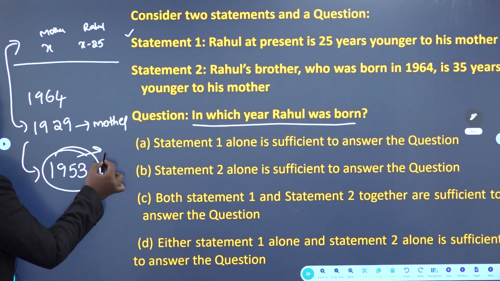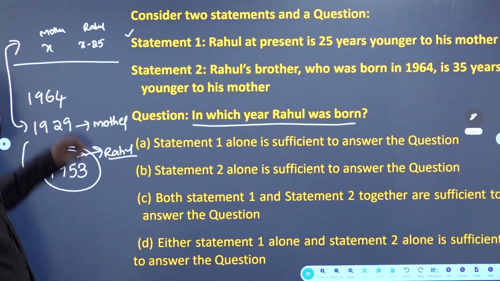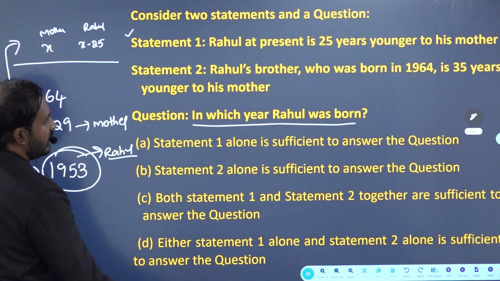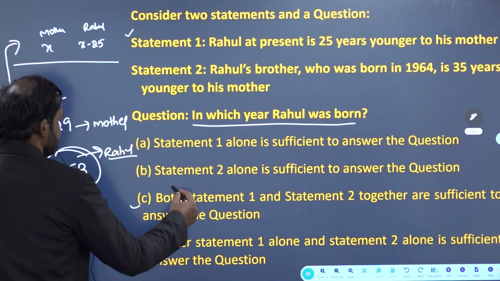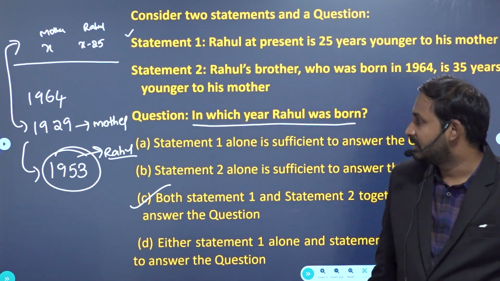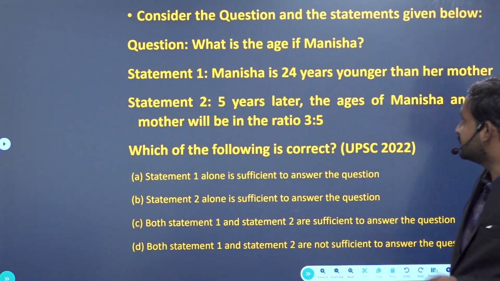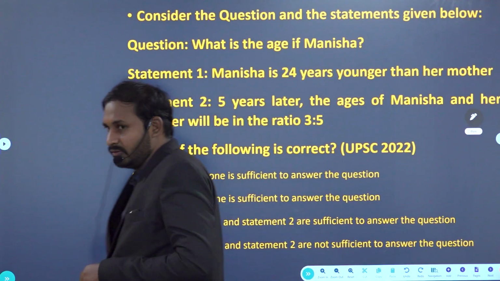So I can say that Rahul was born in the year 1953 by combining both statements 1 and 2. Both statements together are sufficient to answer the question. Definitely I require both the statements, then only I can tell my final answer. Okay, right. Next one.